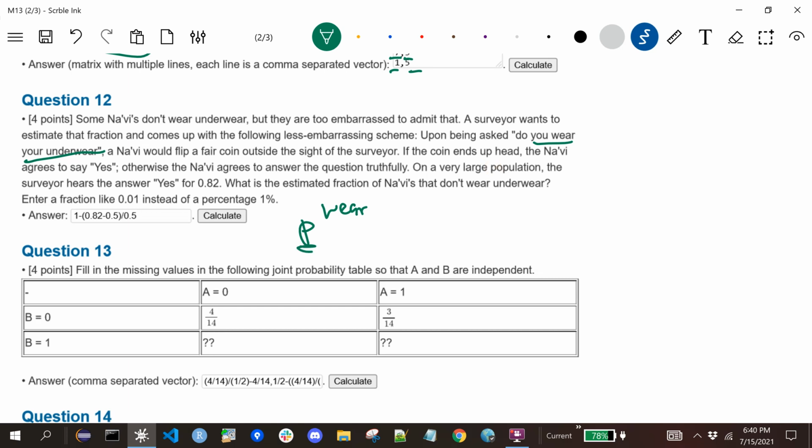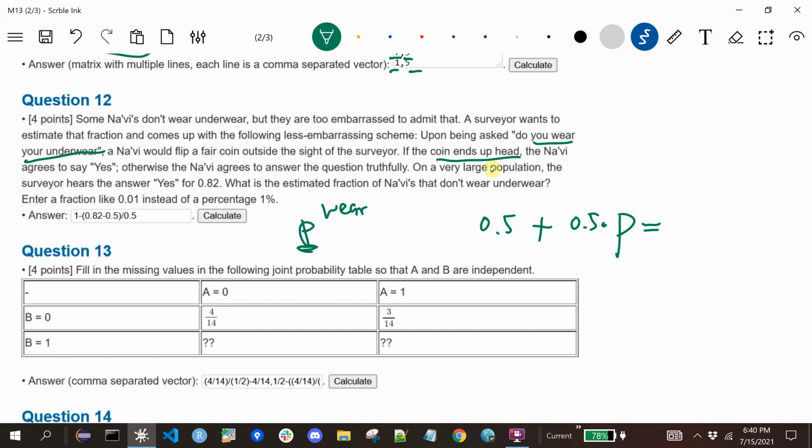Suppose that's P, and then at the end we'll just do 1 minus P. Suppose the fraction is P, then first we flip a coin, then 50% of them will say yes. And next, the other 50% will say yes if they wear underwear. So basically, the fraction is 0.5 multiplied by P.